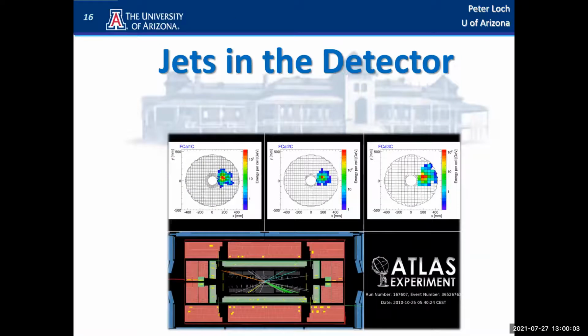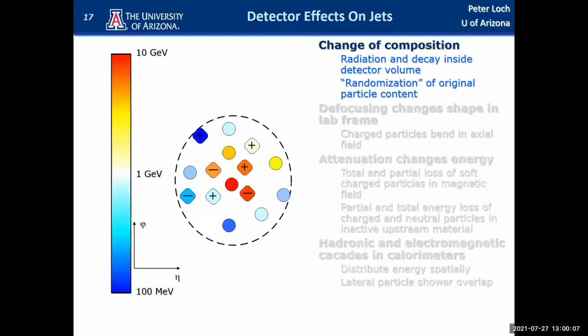Because this simple little model, just assuming the jet is like a single particle, is of course not true. So if you look at a jet, and I just drew here a bunch of particles, the round ones are neutrals and the other ones have a charge, and I assign some energies to them, not very creative, just some numbers. So this is the result that comes out of the hadronization.